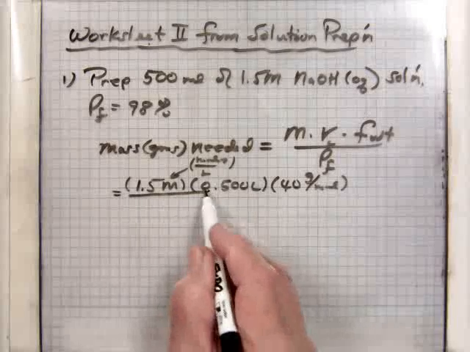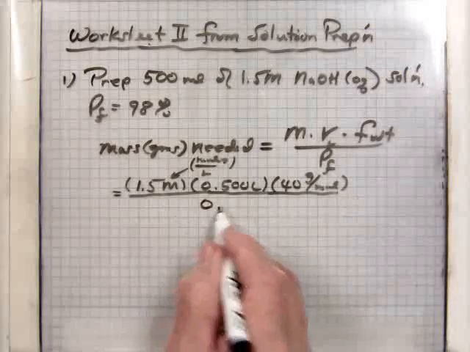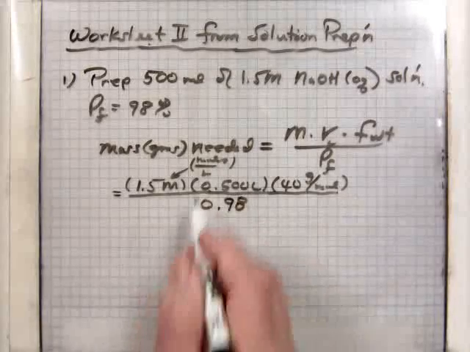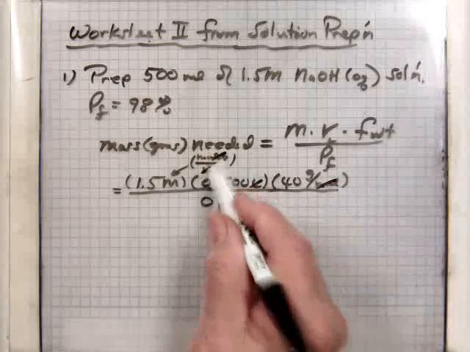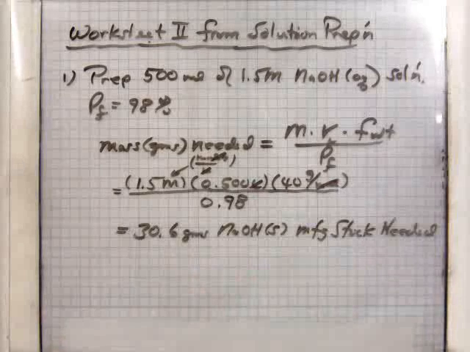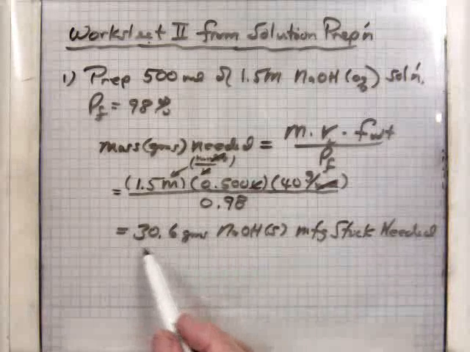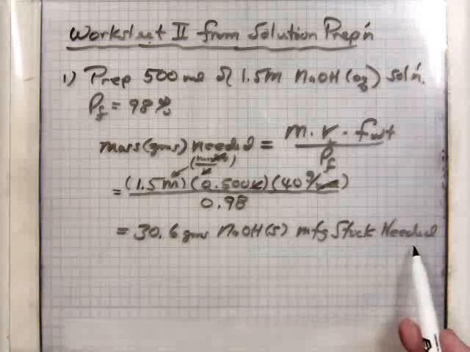And the purity factor is 98% and should be expressed in the formula as a decimal fraction. So liters will cancel out, moles will cancel out, and you're left with grams. So I get 30.6 grams of sodium hydroxide manufactured stock needed.